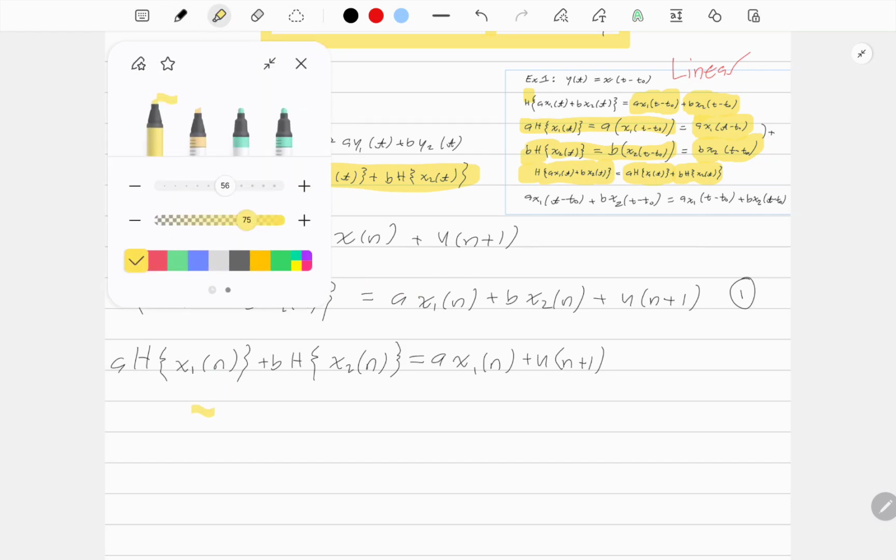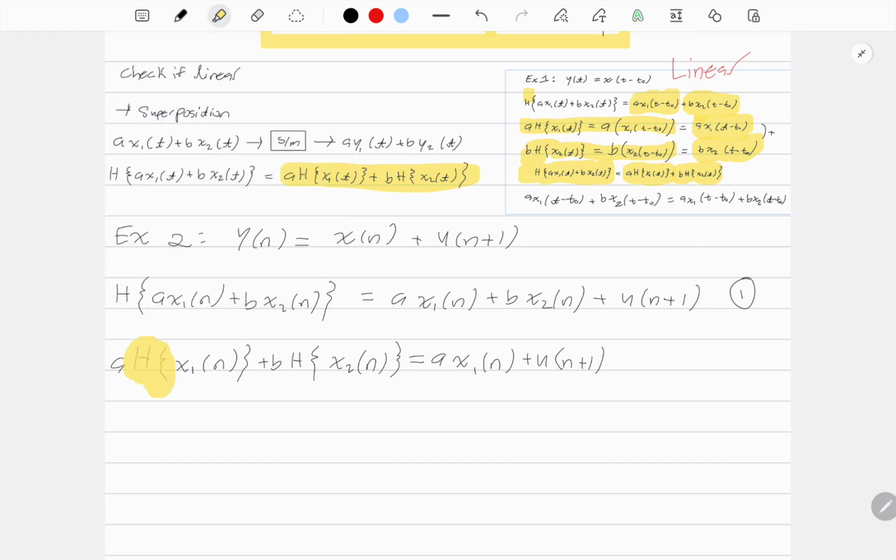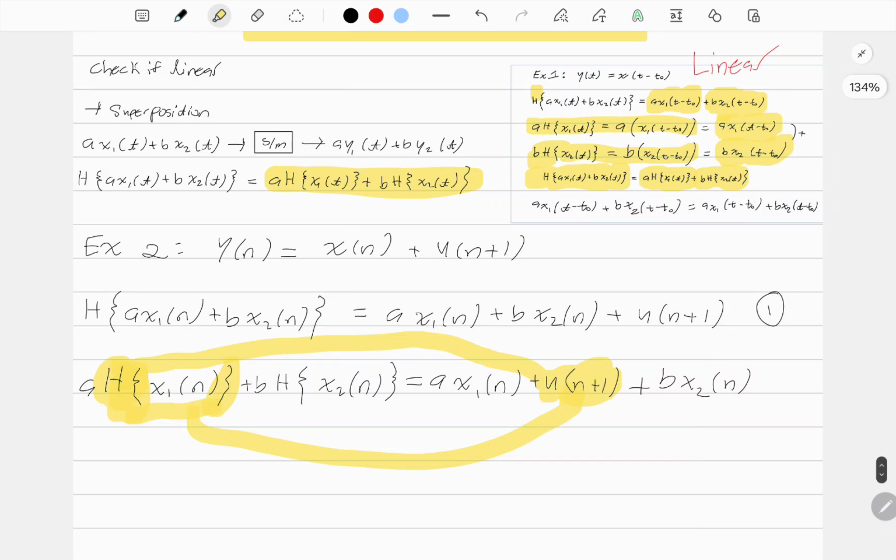So I do it once because the equation tells me to. This means to apply the system to what I'm highlighting. And then I'll do it again, plus b x2 of n. And now I have to apply the system again. Just write it like this. Oh, it's getting messy. Okay. Plus b of x of n plus u of n plus 1.